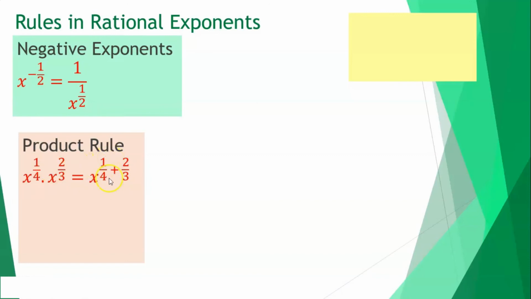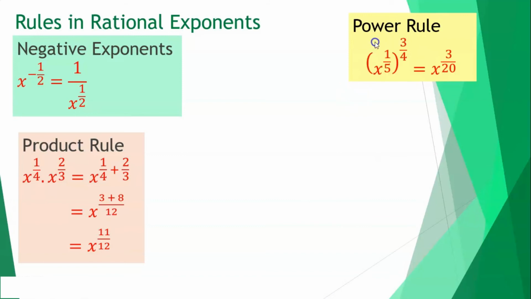So just like this, 1/4 plus 2/3. Simplifying, this would be 11 over 12. Another, power rule. If you have an exponential term raised to another rational exponent, simply multiply the rational exponents. So 1/5 times 3/4 is 3 over 20.